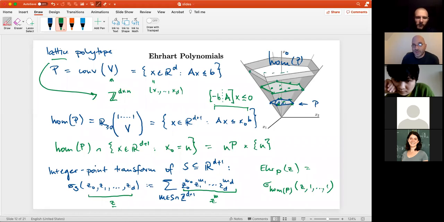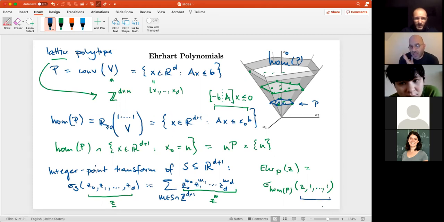So, lots of integer points. With this specialization now, first of all, every integer point gets listed exactly once as the exponent vector of some monomial.